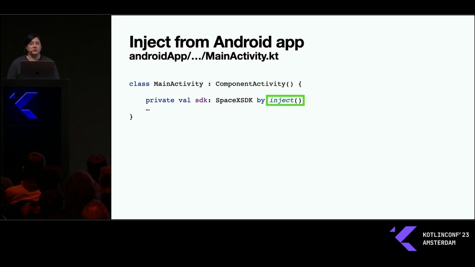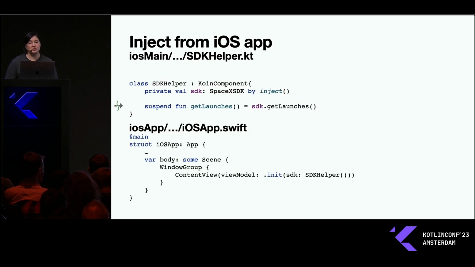So when we want to use dependencies, Android is again just a little bit easier. We simply use by-inject. But for iOS, we once again need a bridge or helper function in iOS main. So here we have a class called SDK helper, and it will implement the Koin component interface. It's just a marker interface. We can use by-inject again and then provide little helper functions for all the SDK's functions.